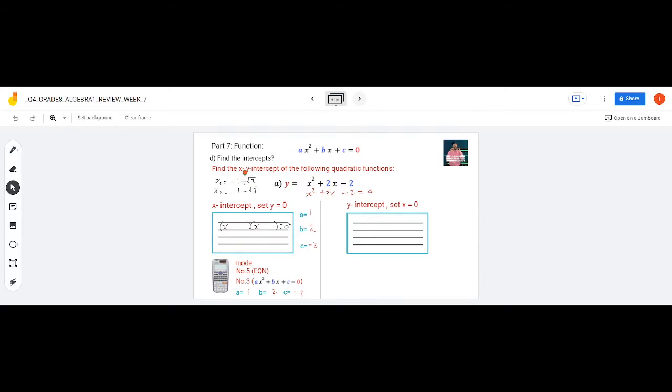So +1, negative square root of 3, and then the opposite of -1, +1. What's the opposite of negative the square root of 3? Obviously positive square root of 3.